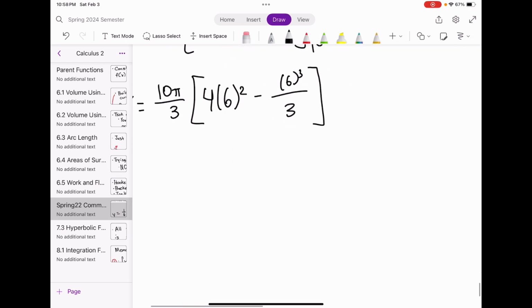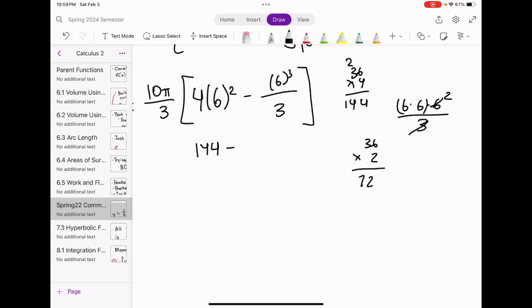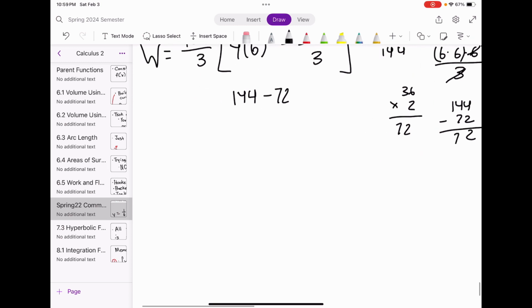And this is going to take a little bit of math, right? So 36 times 4, you got 144, minus 36 times 2. And if you don't understand how we got that, 6 times 6 times 6 over 3, that cancels out with one of those, leaves it with 2. That's 36 right there times 2, and that is 72. 144 minus 72, you got 72.